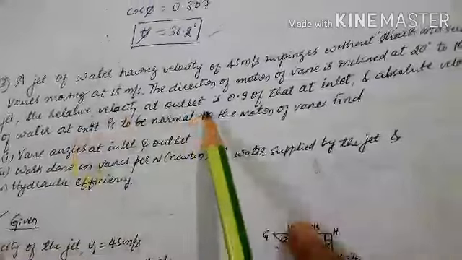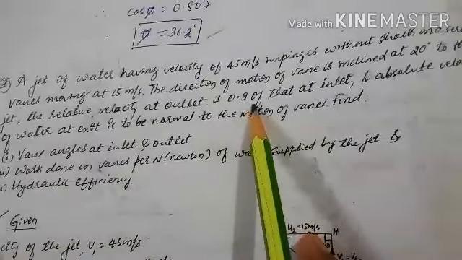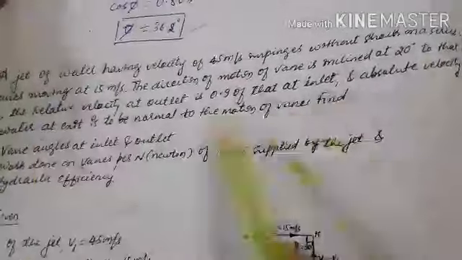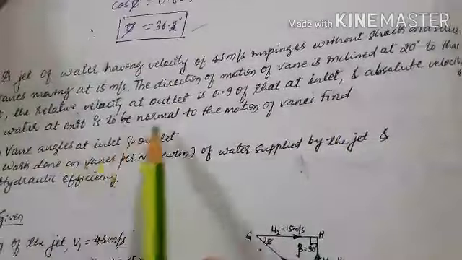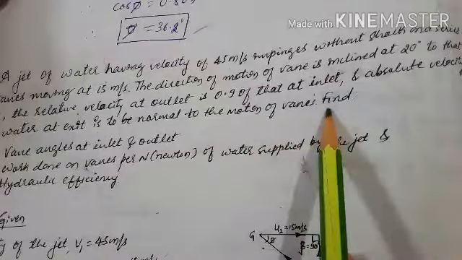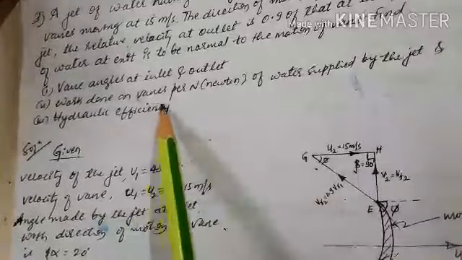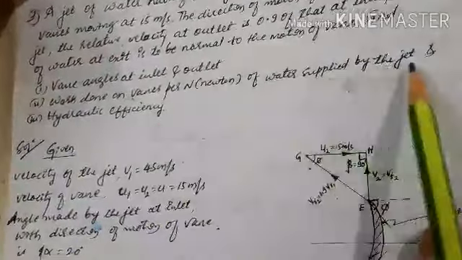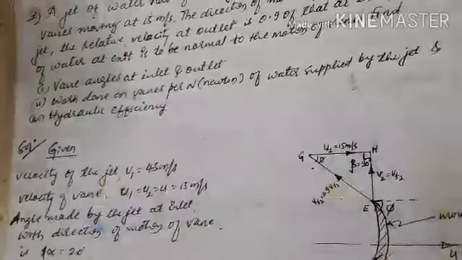The relative velocity at outlet is 0.9 of that at inlet, and the absolute velocity of water at exit is to be normal to the motion of the vane. Find the vane angles at inlet and outlet.